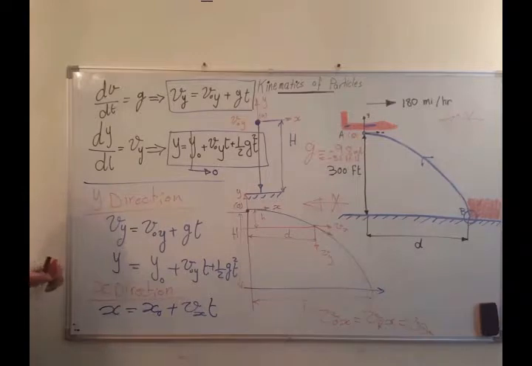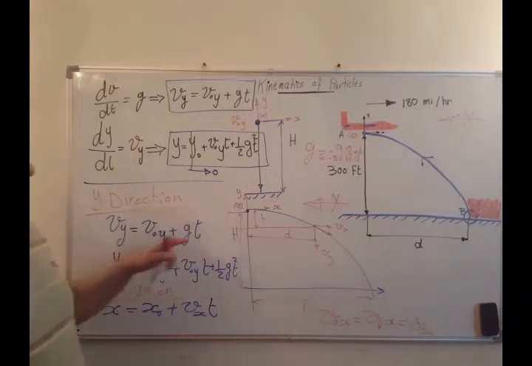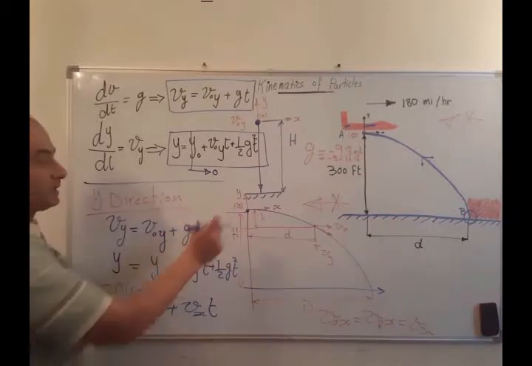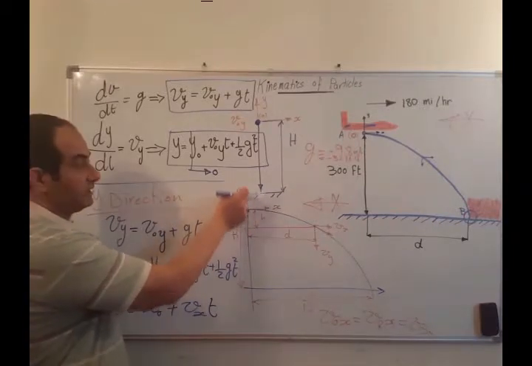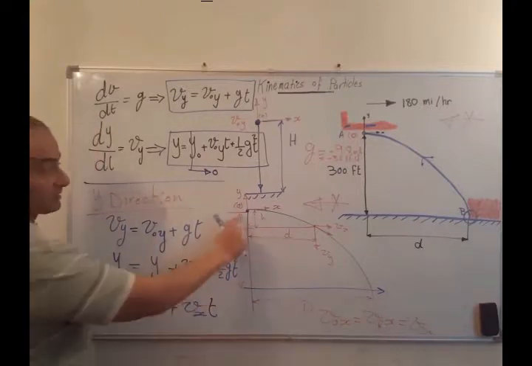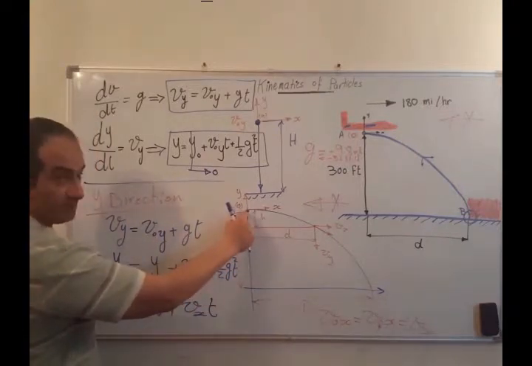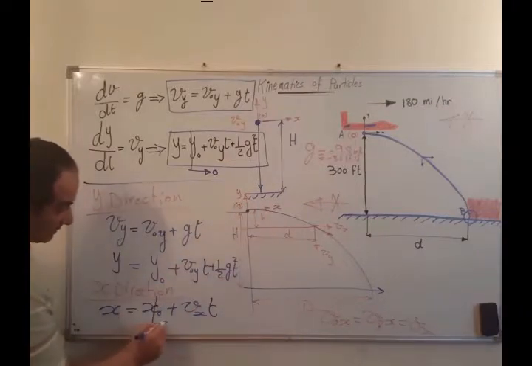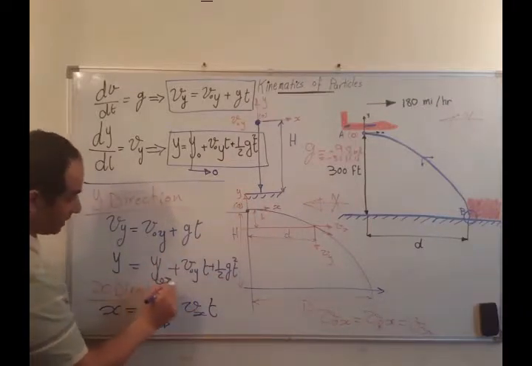As long as we take our starting point directly on the origin of the reference coordinate, as we said before, we can eliminate x naught and y naught.